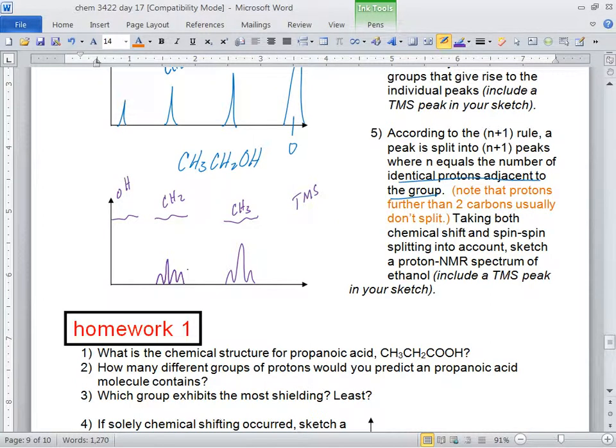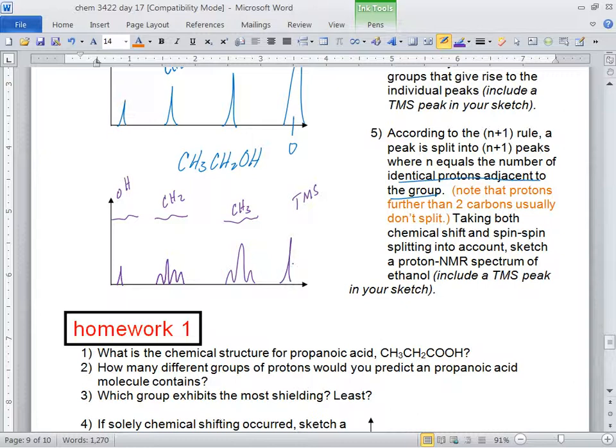And OH is going to have 1 peak. And its area is going to be proportional to its number of protons, right? So it's kind of hard to do. Oh, I forgot my TMS, but that's the idea.